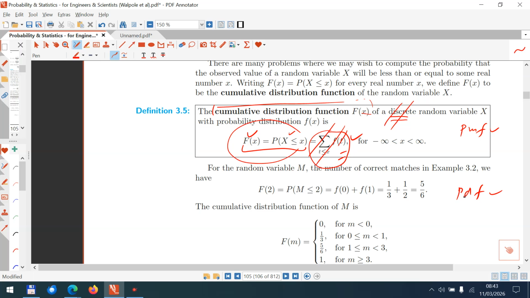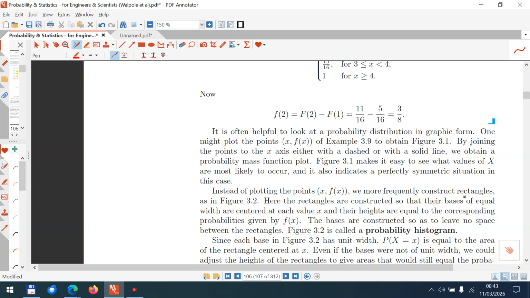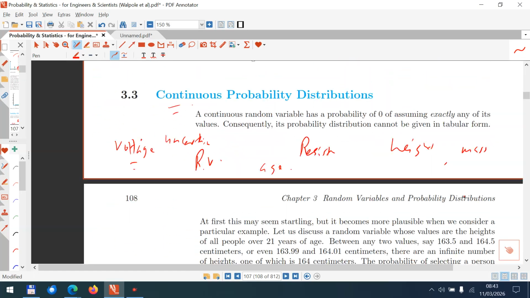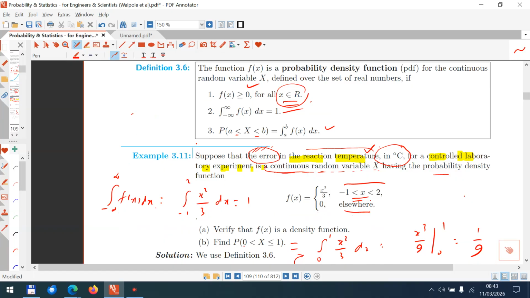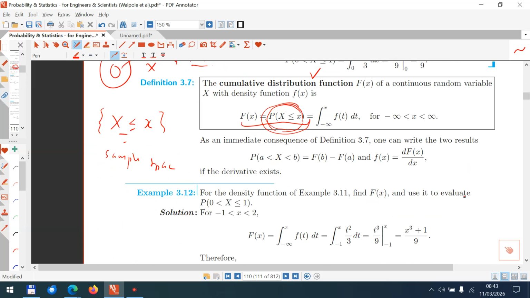When you calculate it as a sum, it will be the CDF of a discrete random variable. The reason I'm highlighting this is that you must not confuse computation with definition, right?